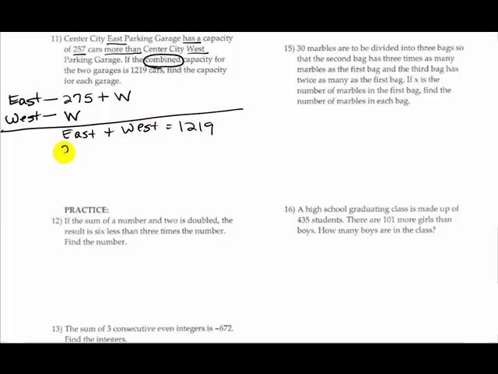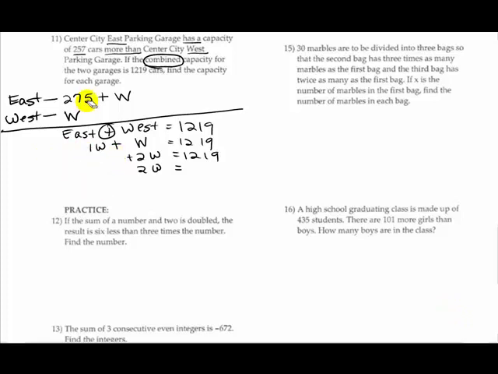The east is 275 plus W. The west is W, and we're adding these two. Combine like terms. Then we want to subtract the 275. Okay, well, while I'm working this out, hopefully you already discovered my mistake. It's not 275.